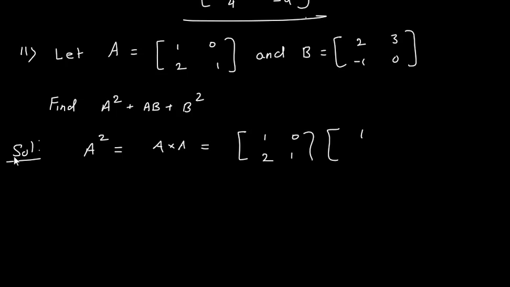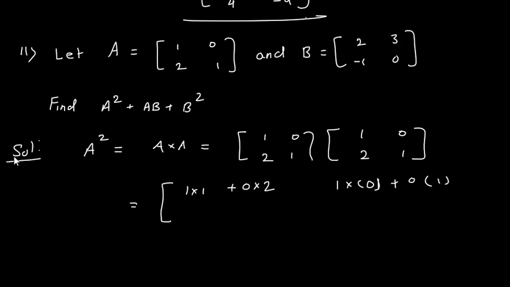So this will give me 1 into 1 plus 0 into 2. Here it is 1 into 0 plus 0 into 1. In the second line we have 2 into 1 plus 1 into 2, and here we have 2 into 0 plus 1 into 1.